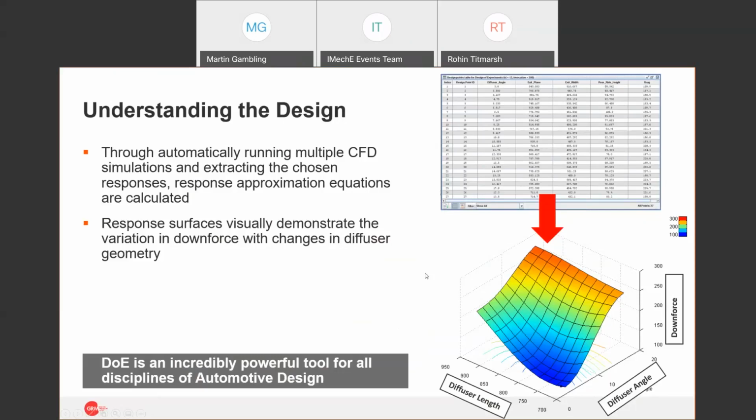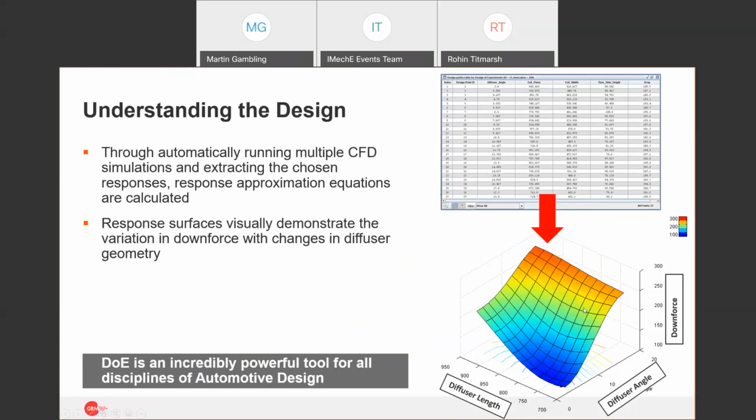And as well as that, I've plucked out one particular graph just to show you how the downforce is varying based upon the angle of the diffuser and also the length of the diffuser. And somewhat to be expected, you can see that there is this continual ramping up in both directions, but you can see not just qualitatively but also quantitatively what that response is doing.